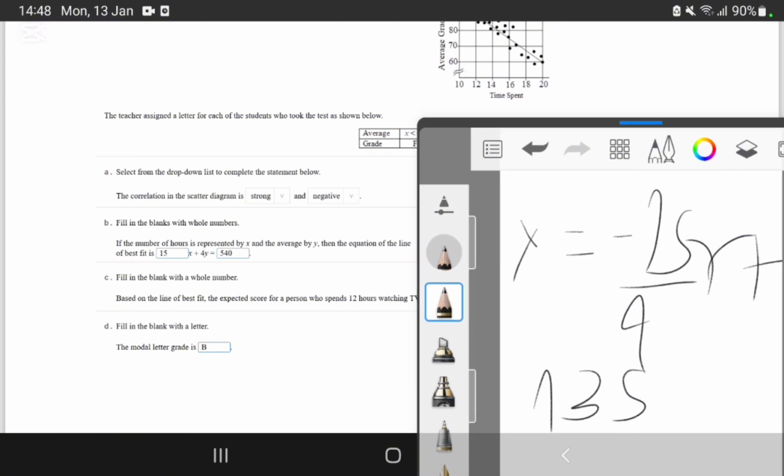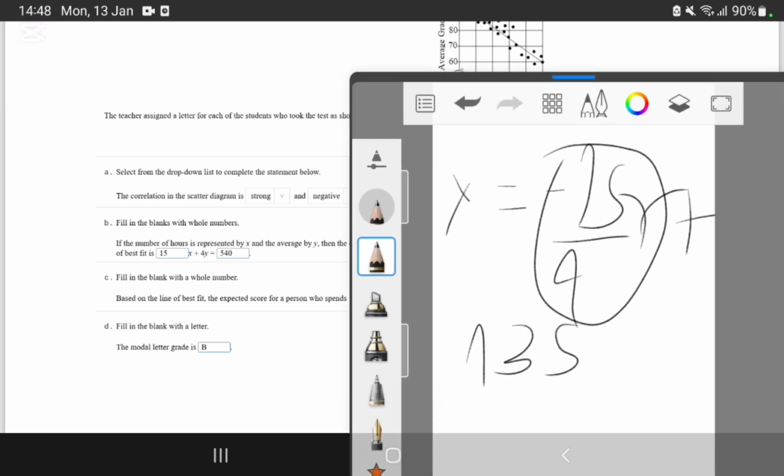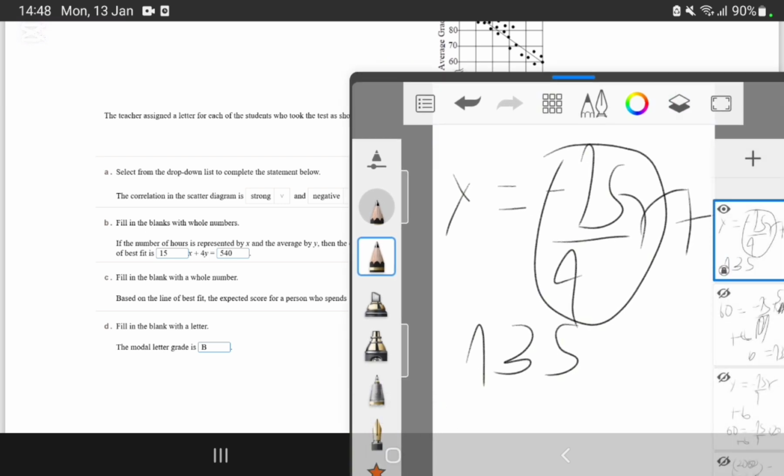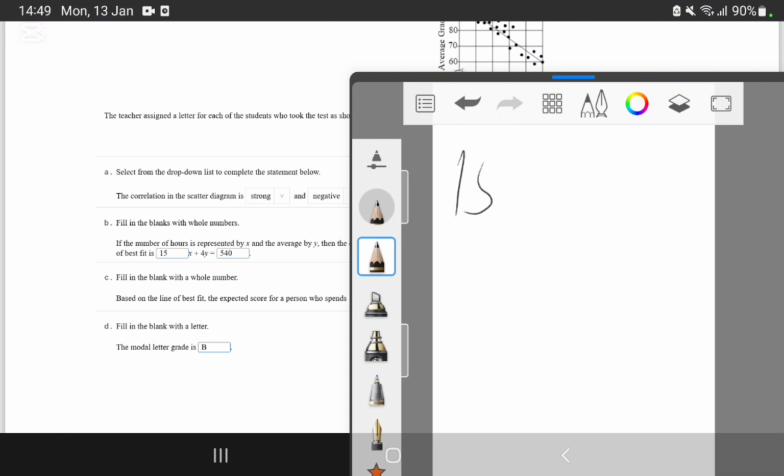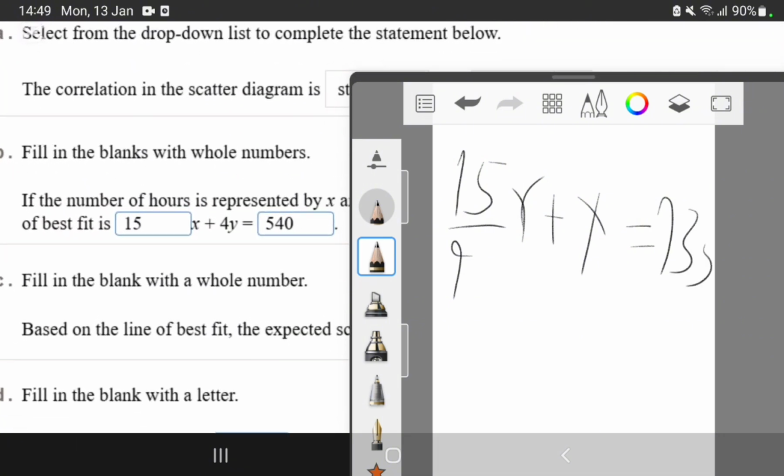Now they want the negative 15 over 4x to be on the other side. So let's write it: 15 over 4x plus y equals 135.